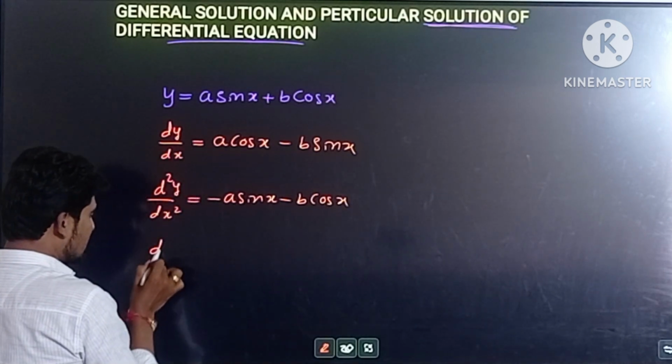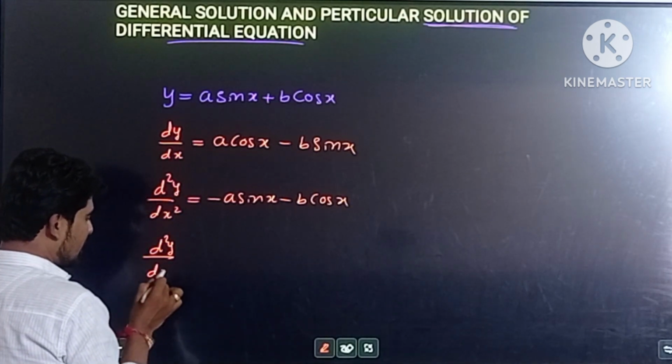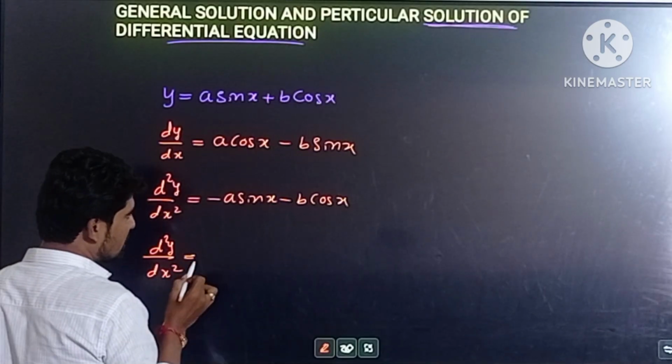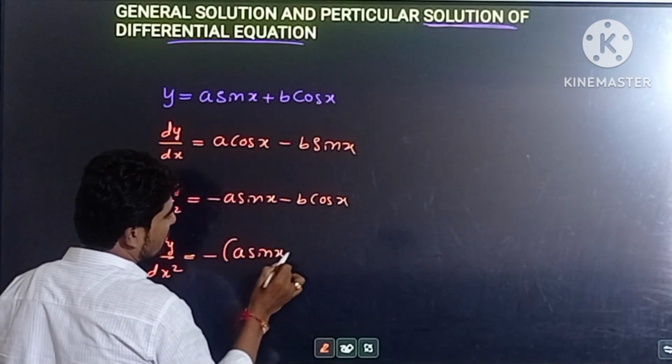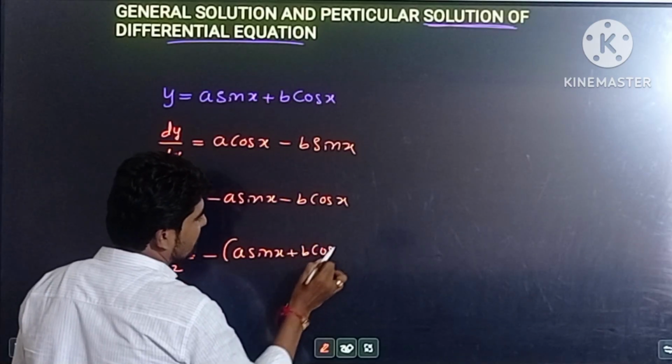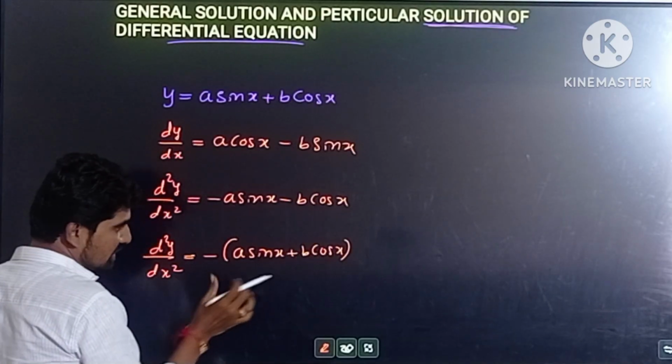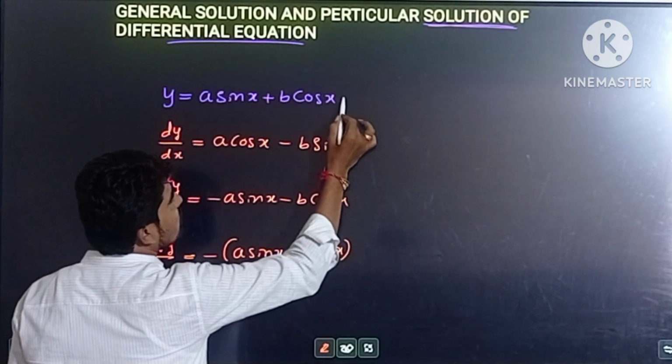Now in this second derivative, I take the common minus, remaining a sin x plus b cos x. Observe here, the term inside the bracket is equal to y.